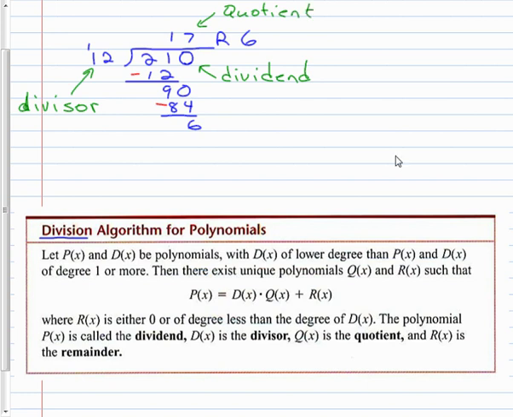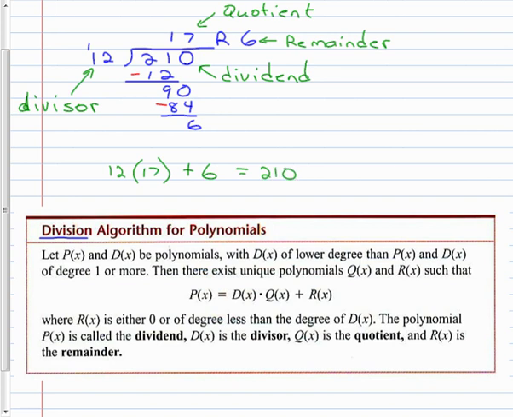And we already said that that thing is called the remainder. Now, before we get into the polynomial part of it, if I took 12, multiplied it by 17, and added 6, what would that equal? It would equal 210.